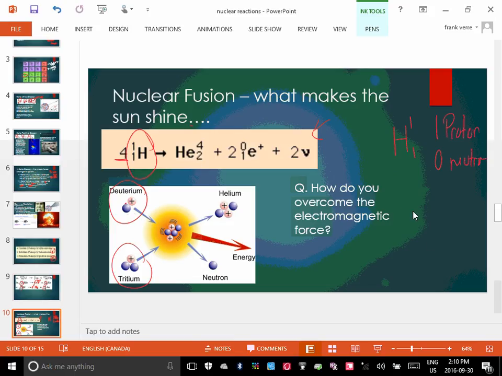Because if you're thinking about helium, helium-4 has 2 protons and 2 neutrons. So that means 2 protons were converted into neutrons. So what's the process that explains the conversion of protons into neutrons? Is that beta minus or beta positive? It's beta positive, right? And that's what you're seeing right here.